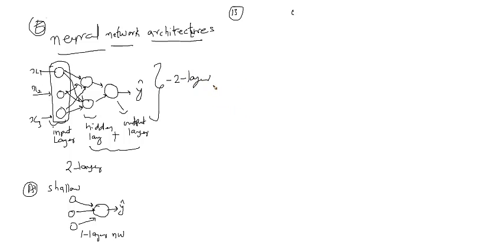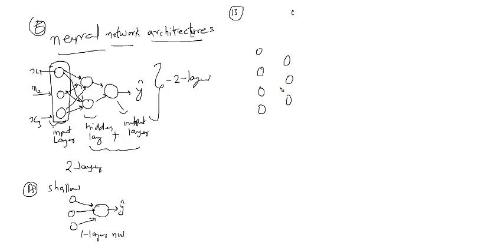Usually when we say deep neural network, it has more than 4 or 5 layers. So it could be something like this.